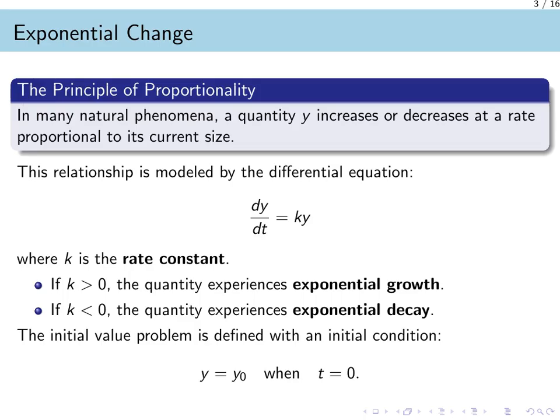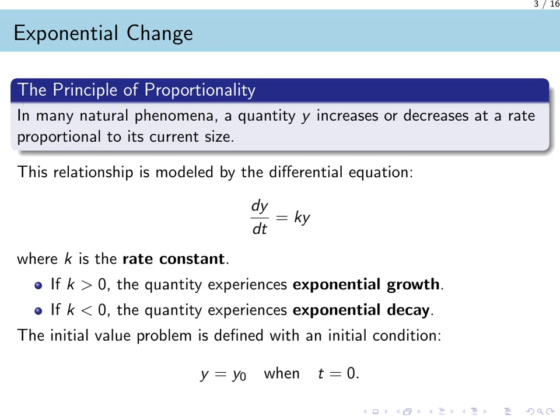Here, the number k is called the rate constant, and it determines the speed of the change. If k is greater than 0, the quantity undergoes exponential growth, while if k is less than 0, it experiences exponential decay. For instance, in a savings account with compound interest, a larger balance earns more interest, accelerating its growth.